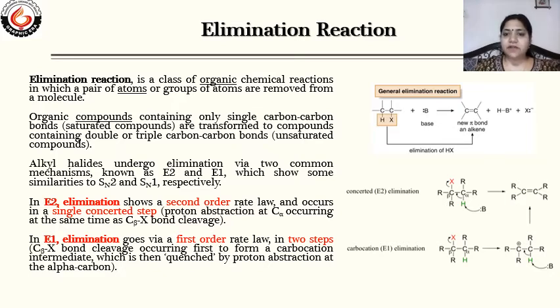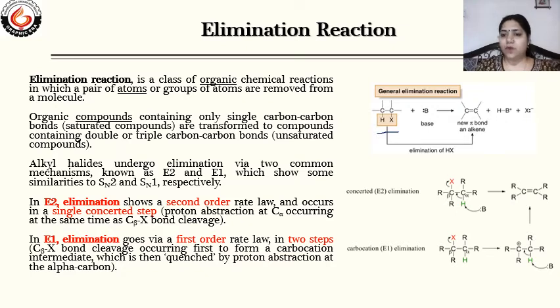In the general scheme of elimination reaction, if we take the example of an organic halide, the alkyl halide is given here. X represents a halide group and CH3 is an alkyl group. Here H and X combine and are eliminated in the form of HX, and a new bond is formed.